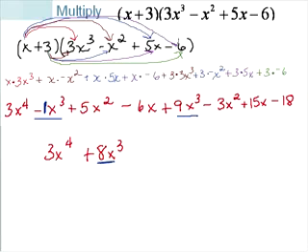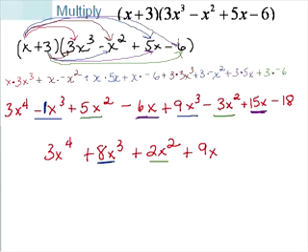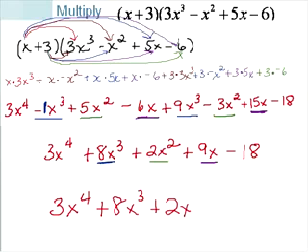And then 5x squared, I can combine with minus 3x squared, which will give me a plus 2x squared. Underline that with green. And then minus 6x, I can combine with the 15x. So that gives me a 9x. And then the minus 18, I don't have anything that I can combine that with. So that then is my final answer: 3x to the 4th plus 8x cubed plus 2x squared plus 9x minus 18.